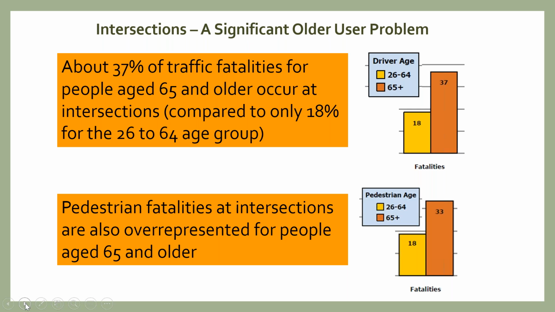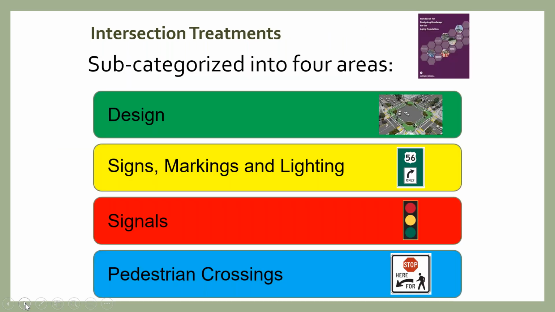So when pedestrians get hit, an older pedestrian is more likely to suffer a more severe consequence. The data certainly reveals what intuitively makes a lot of sense. Bottom line, intersections are a particular challenge when we're talking about older driver safety.